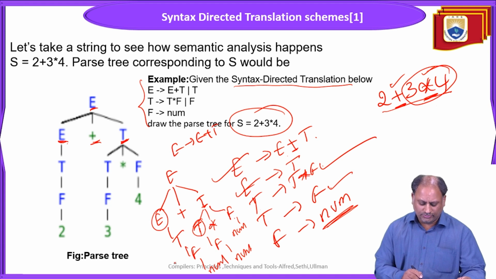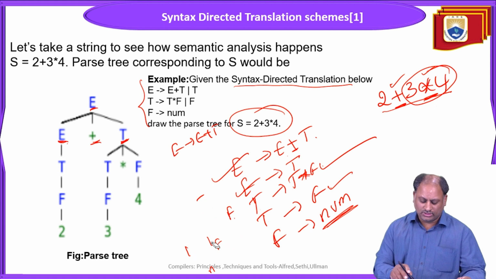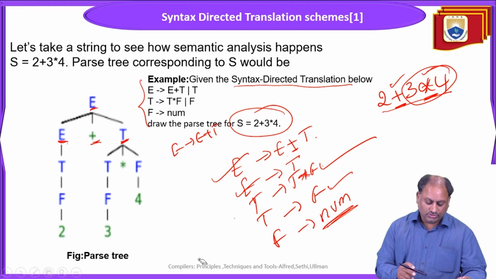If you see all the leaf nodes, here on the left hand side num, here also num, and here also num. So we get each of the production values as num notations. So what is num here? The corresponding 2 plus 3 star 4.